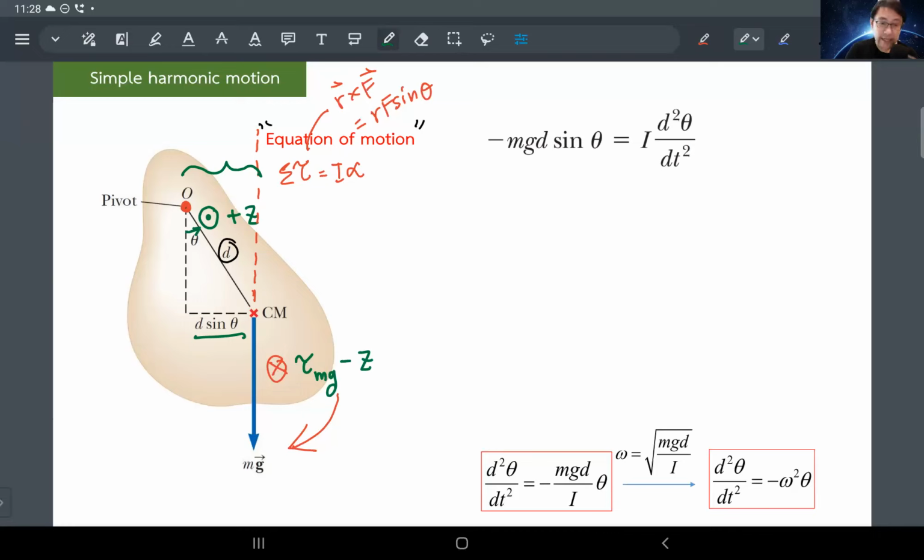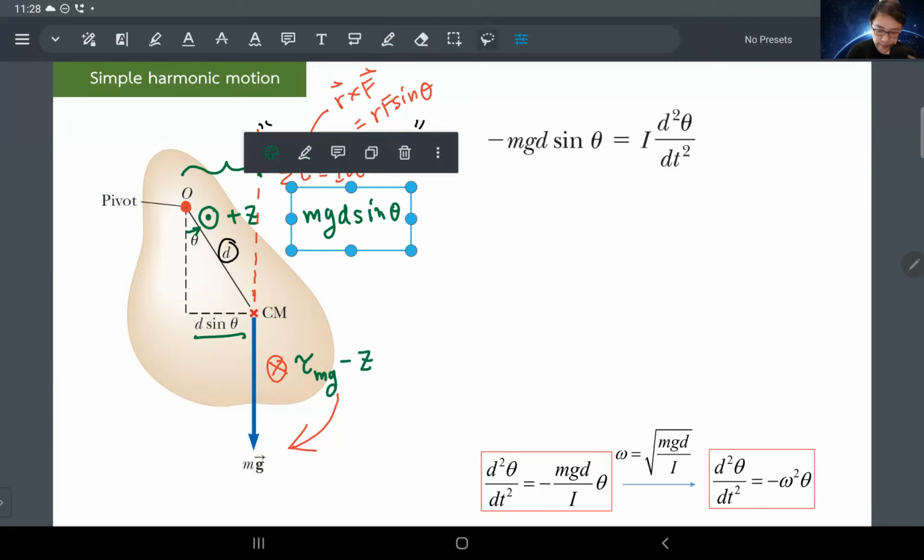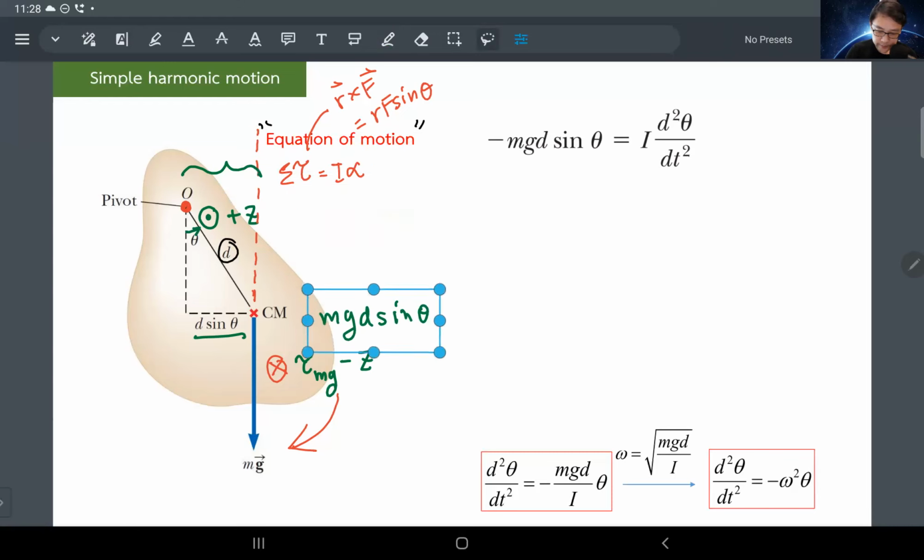So the torque due to the mg is going to be mg d sine theta. That is the torque. Let me write it close to this. There you go. However, it's pointing into the page. So that's why I'm arriving at the negative mgd sine theta.